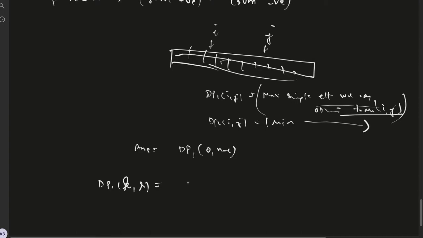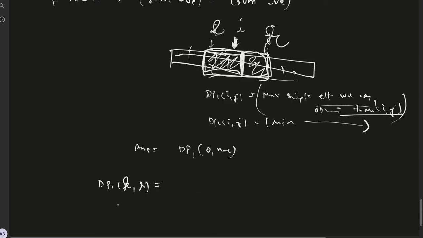For the transitions, DP1 of l to r is the maximum element we can obtain from l to r. We maintain a pointer i and iterate over it, where i breaks the array into two subarrays, l to i and i plus 1 to r.